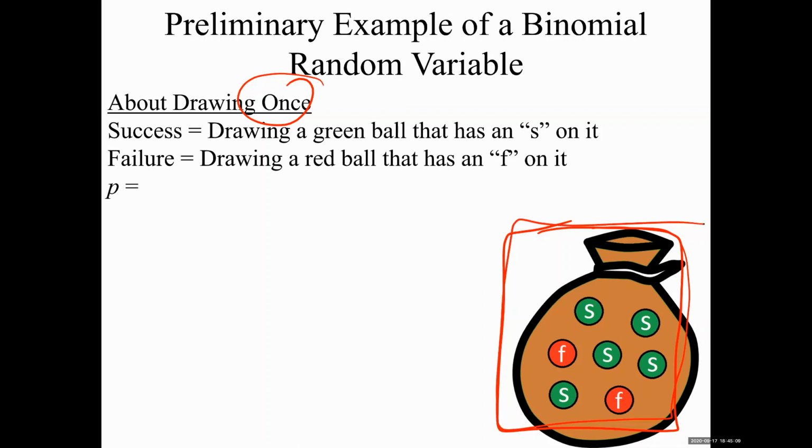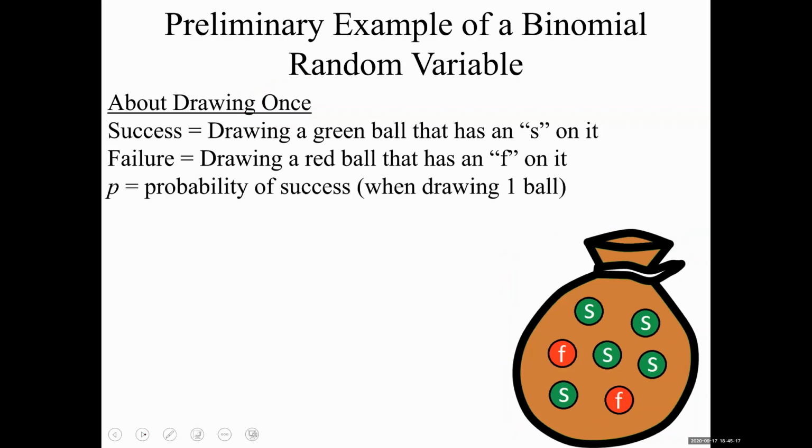What is the probability you get a success? Anyone? Is it 5 out of 7? 5 out of 7, right. So little p is the probability of success when drawing once. It's 5 out of 7 in this example, okay? In other examples, you might have to find it on your own, like you found the 5 out of 7 right here. And in some problems, they'll give you the number in the problem. They'll just tell you what it is. So you got to figure out what that is.